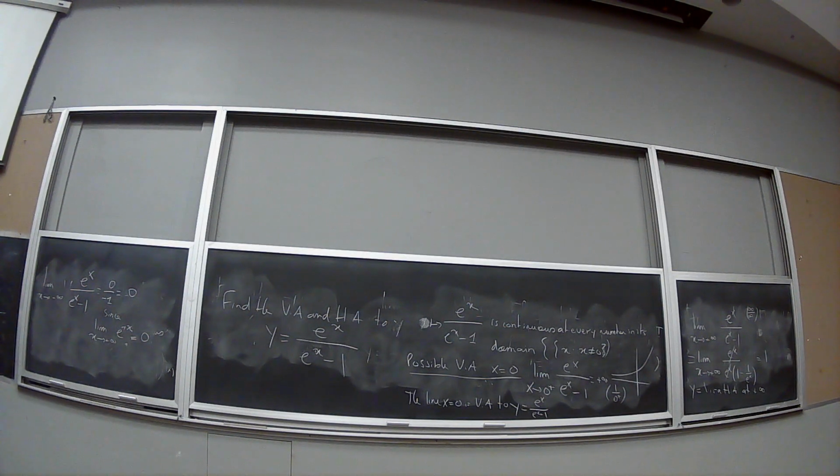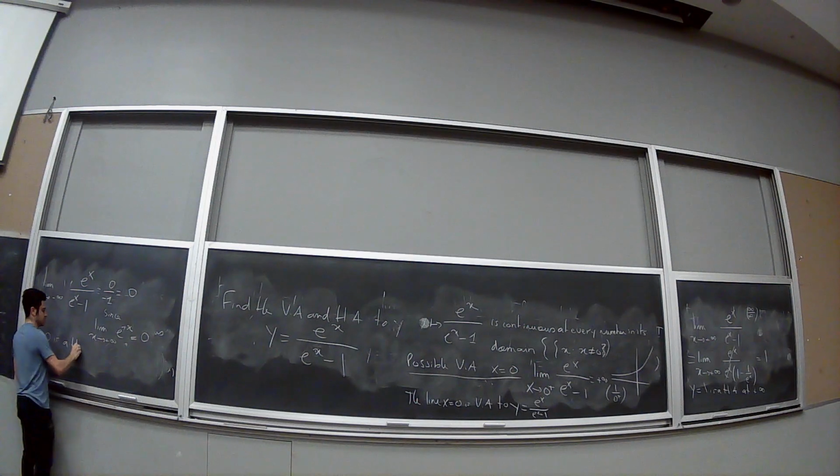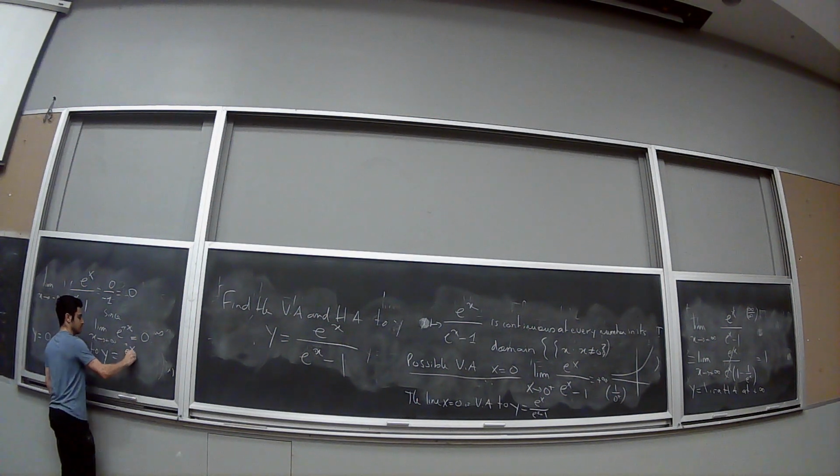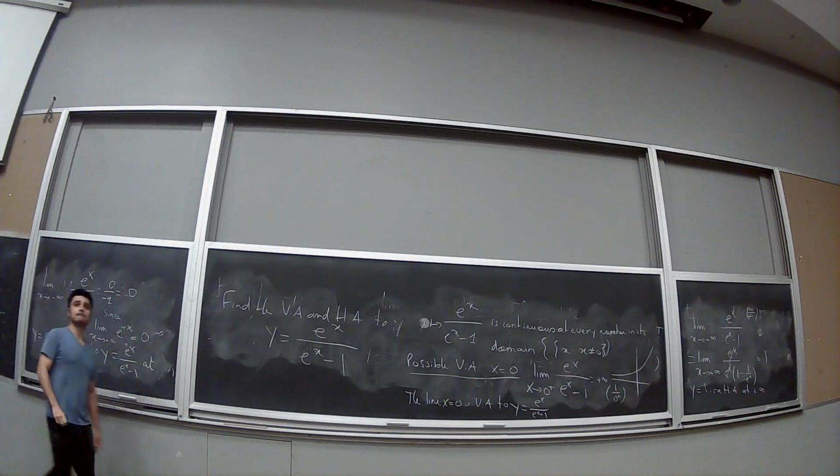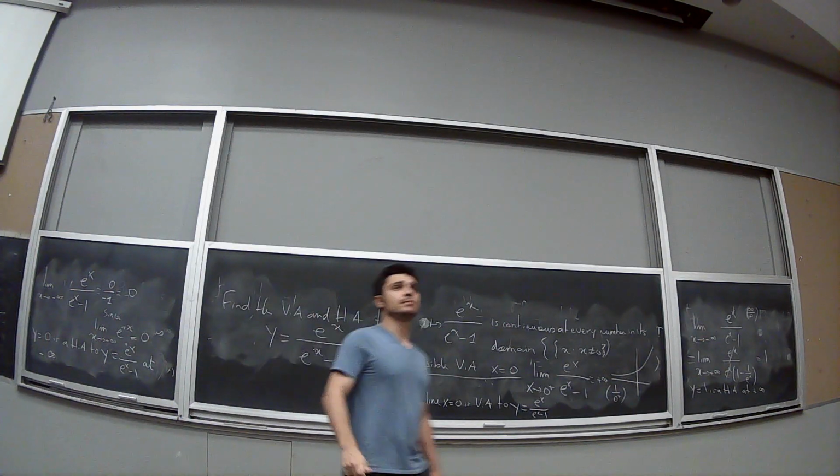So the line y is equal to 0 is a horizontal asymptote to y at minus infinity. Okay? Everybody, are we good?